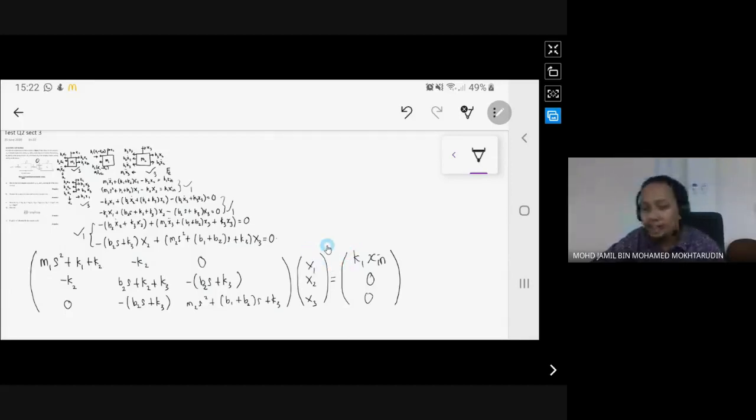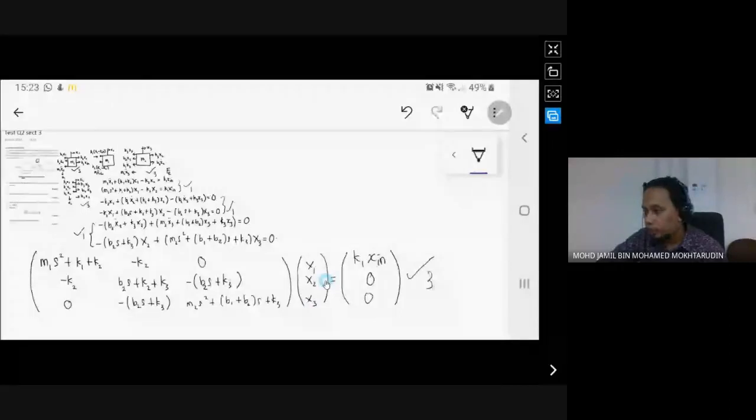Pening. So kalau M1 tu tak ada 1, minus 1 mark. So let's say M2S square, maybe you put M2S without S square, minus 1 mark. Because if you write this correctly, you get 3 marks, okay? If you expand this, let's say minus B2S minus K3, it's acceptable.